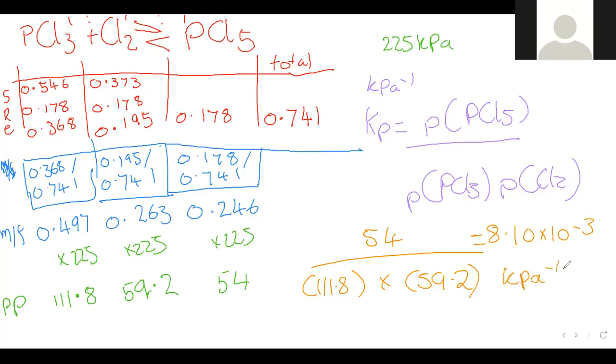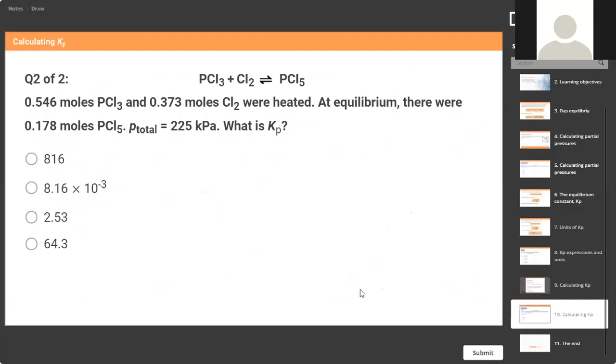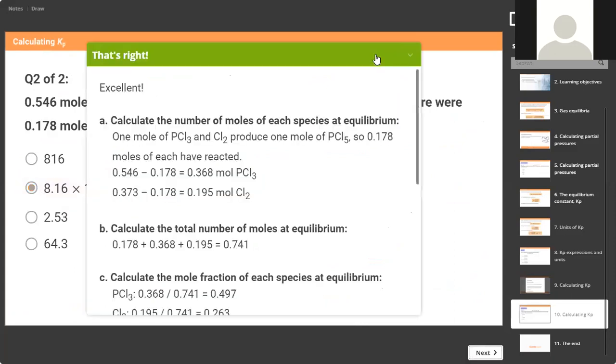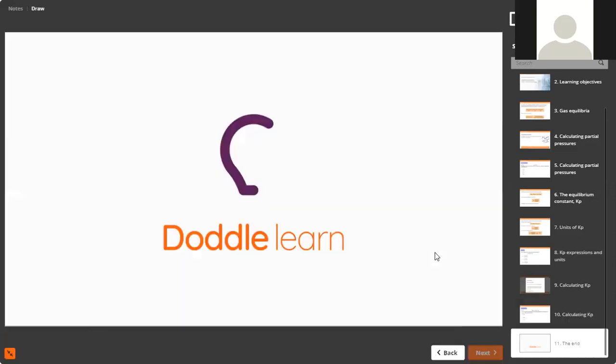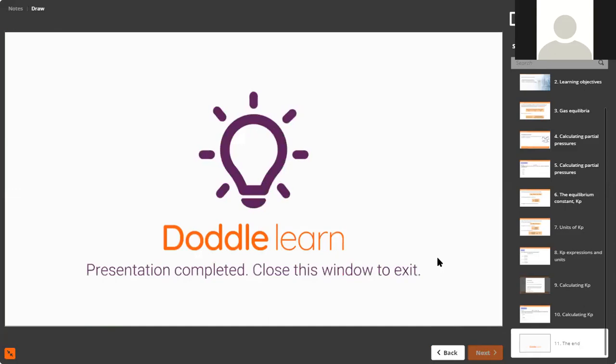And that would be our answer for that one. That would be our equilibrium constant. So if we go back to the question, there we go, 8.16 times 10 to the minus 3. So that is gas equilibrium constant.